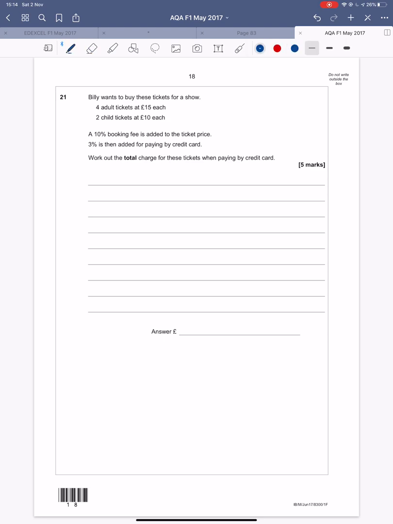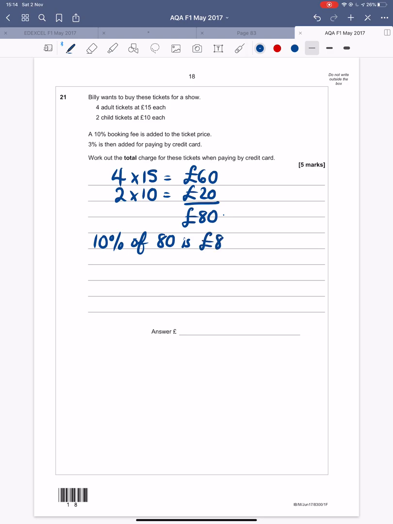Right, so 4 at 15, that's £60. 2 at £10 is 20. So the original price is 80. 10% of 80 is £8. So you've got 80 plus 8. At that stage we're up to £88.